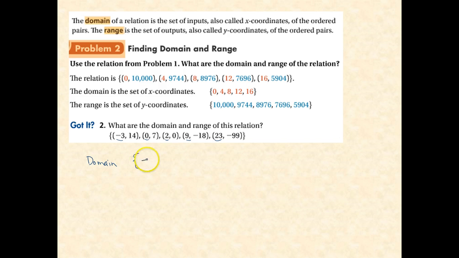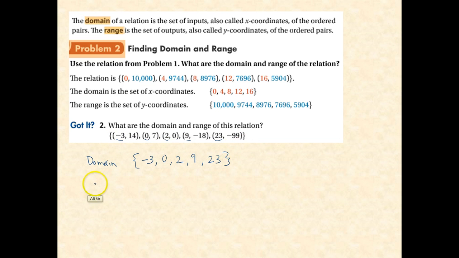Well, nicely enough, those are already in order from least to greatest. -3, 0, 2, 9, 23. That is my domain. Those are the only numbers that are inputs in this relation.